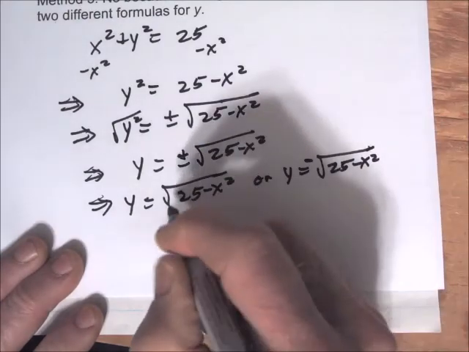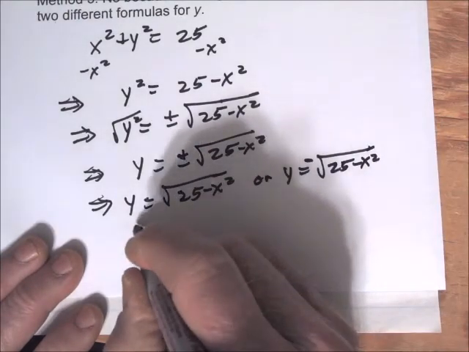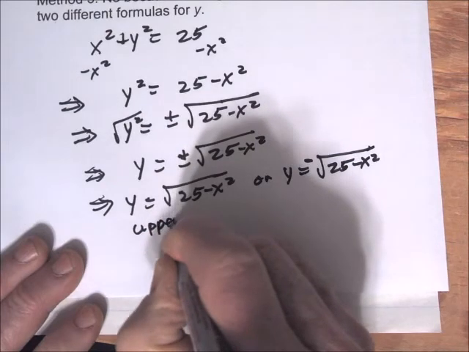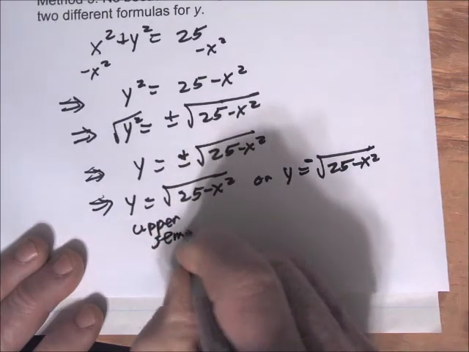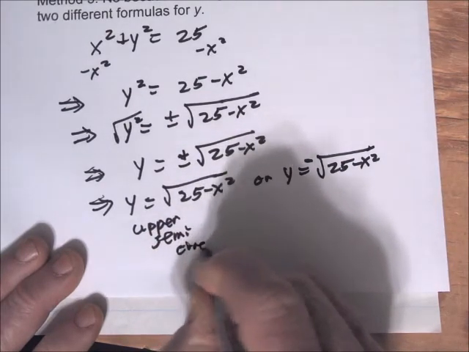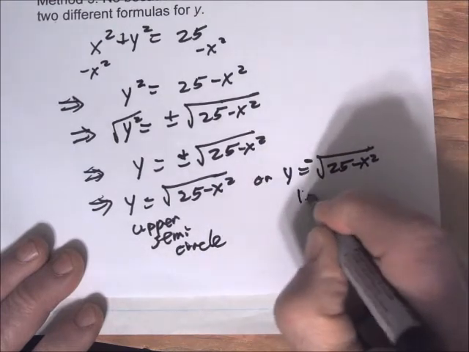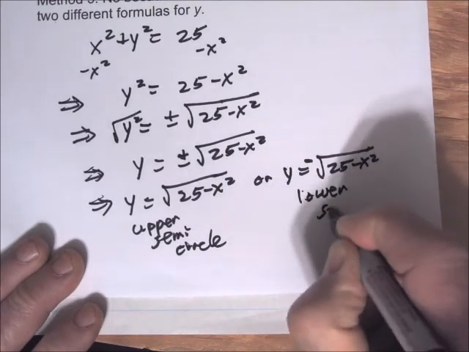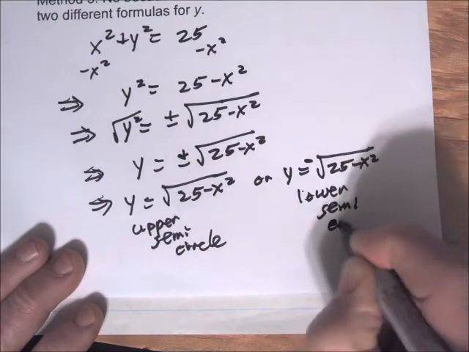So this is the upper semicircle, and this is the lower semicircle.